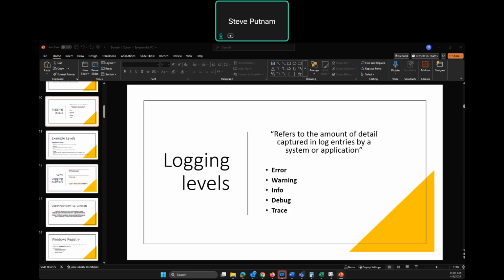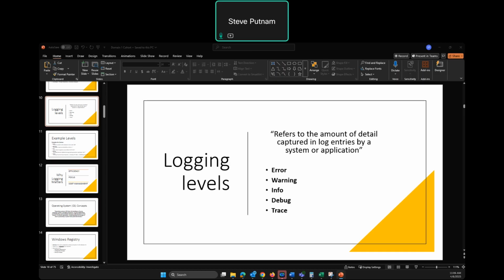Info, informational, provides general information about system events: logon, successful transactions, unsuccessful transactions, unsuccessful logon. These are very important to correlate with the errors or the warnings in order to say, okay, what else was going on in the network during this time?